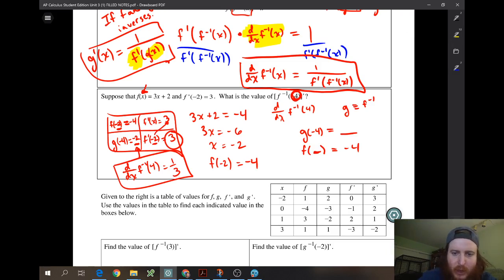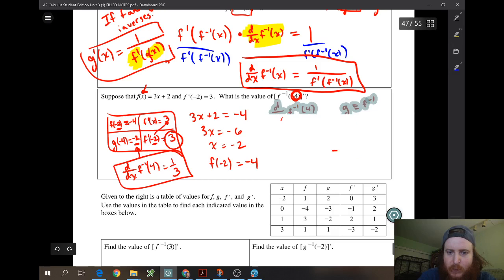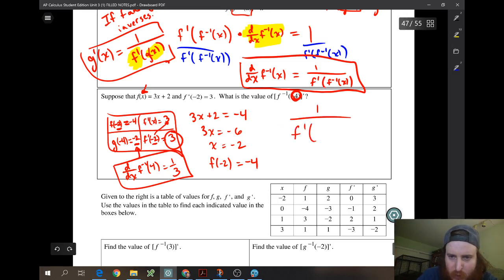I guess you could do it the way the formula is set up, which would be to say 1 over f prime of f inverse of 4. So it's like saying the inverse of 4. Now, how do we get the inverse of 4?